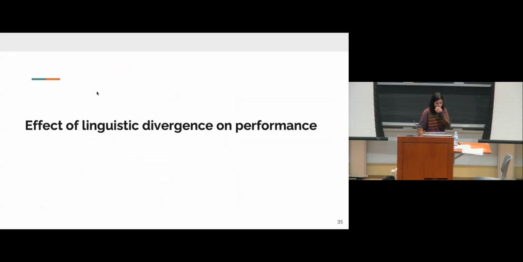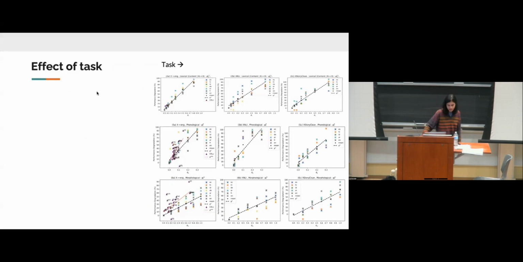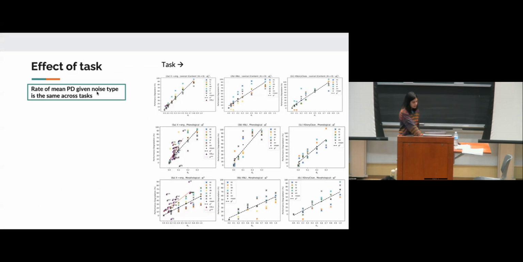So we now want to interpret our results from different angles, right? So we want to look at the effect of task and noise on performance degradation. And so for the task, the task is on the columns, right? So that's MT, SNLI, and it's very close.